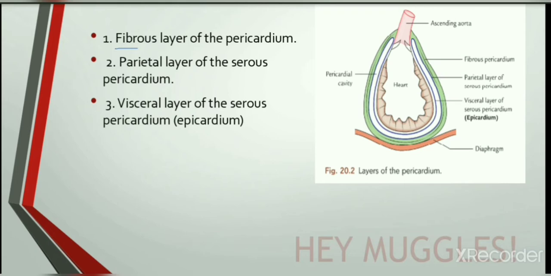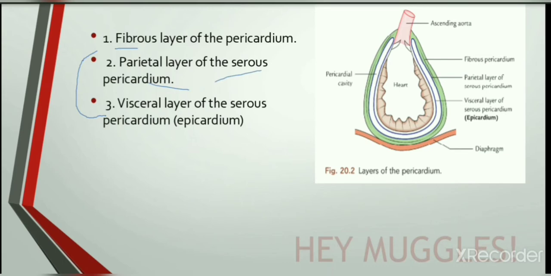And then the innermost layer is your serous layer, which in turn is made up of two layers, that is a parietal layer and a visceral layer. On the inner aspect of your fibrous pericardium lies the parietal layer of your serous pericardium.